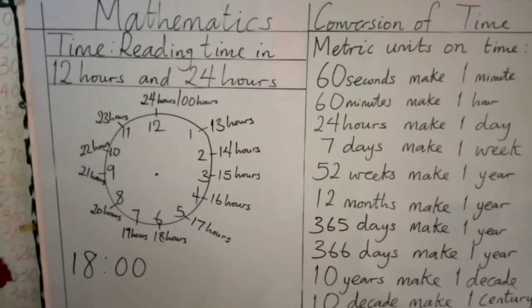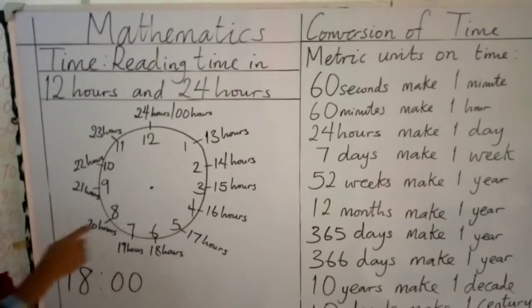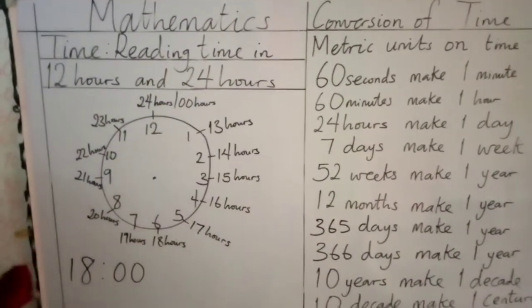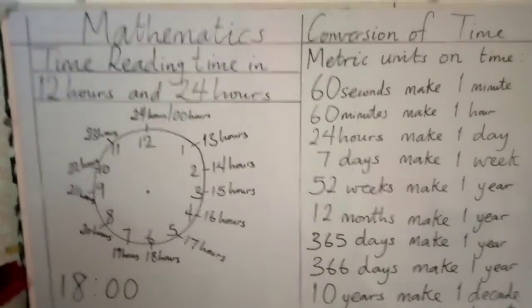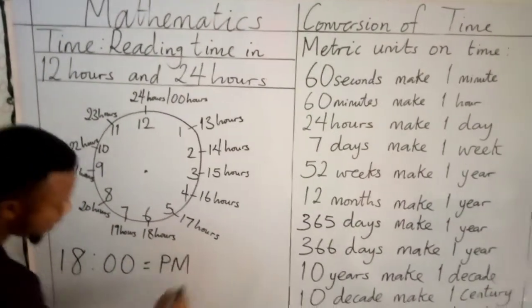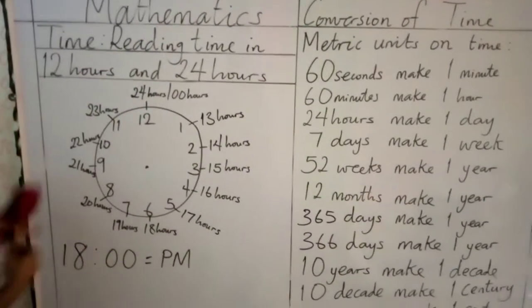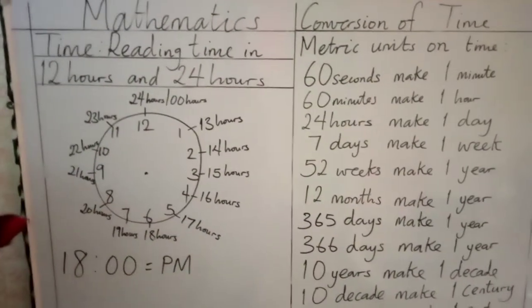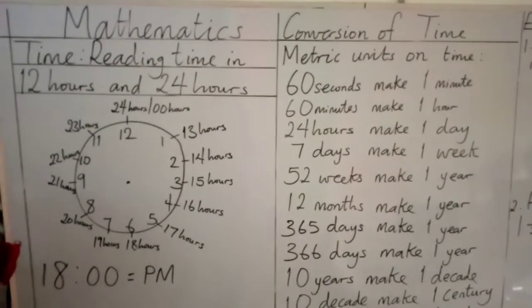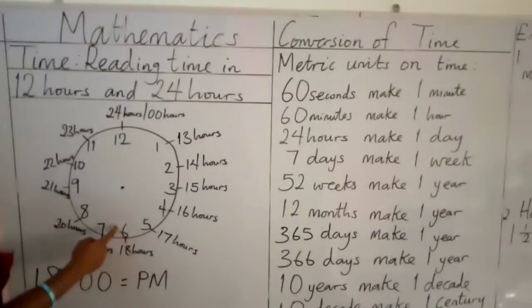Remember what we said, when your time crosses from 12 and starts counting from 13, we've already passed the morning hour. So this is already in PM, not in AM, because it has already passed 12 hours.